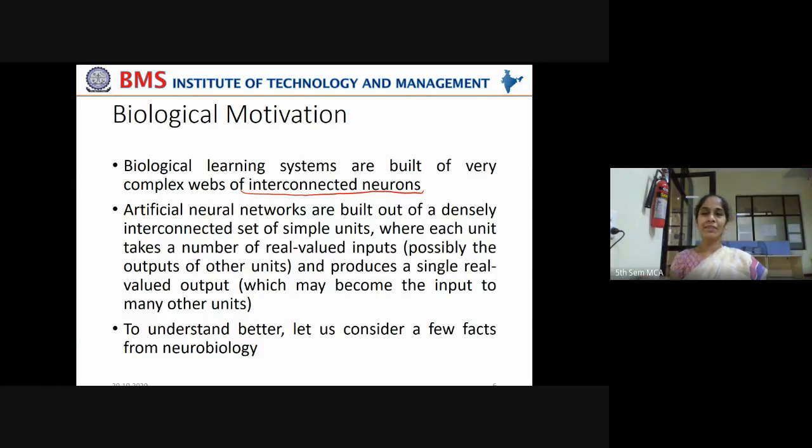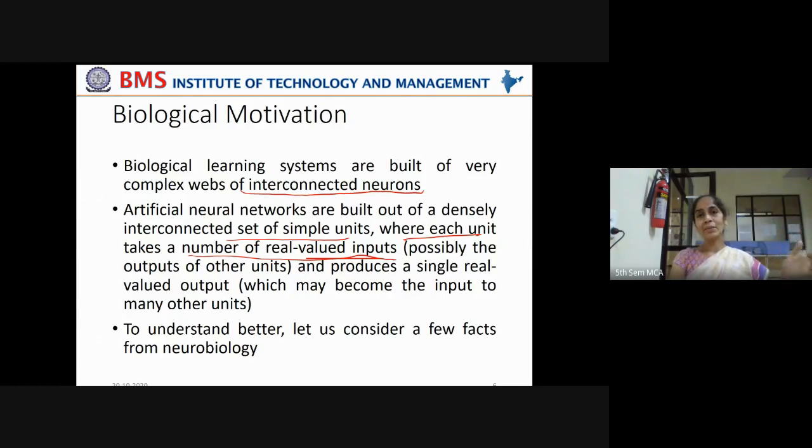I think I have deviated a little, but I just wanted to make you understand how important is the firing of neurons or the communication between the neurons in the human brain. Right now, artificial neural networks are built out of a densely interconnected set of simple units where each unit takes a number of real valued inputs, possibly the outputs of other units.